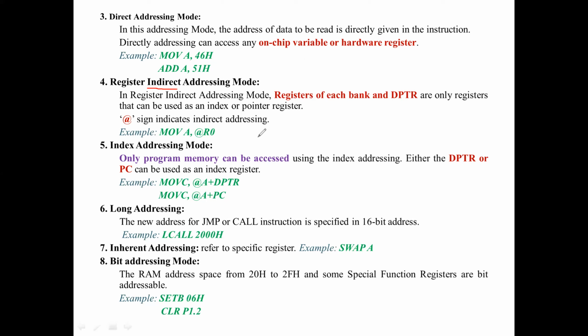Now, if you want to point to a memory location, this is one way, the direct way. The indirect way is there. What is that? You take some register, for example R0. R0 will be having some data, and that data is now the address.